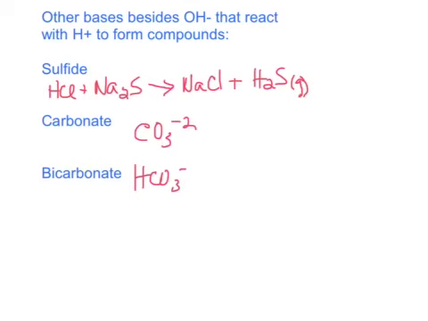So if we took HCl, which you know hydrochloric acid's in your stomach, and added to that sodium hydrogen carbonate, which is baking soda, which was an acid back in the old days, what we would have for our products would be, again, sodium chloride.